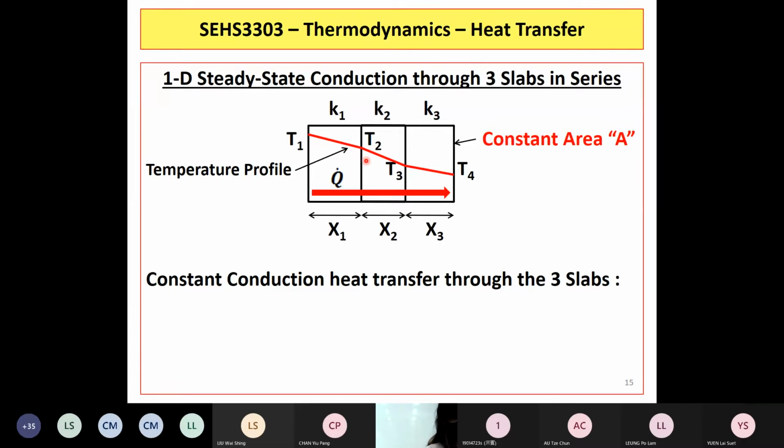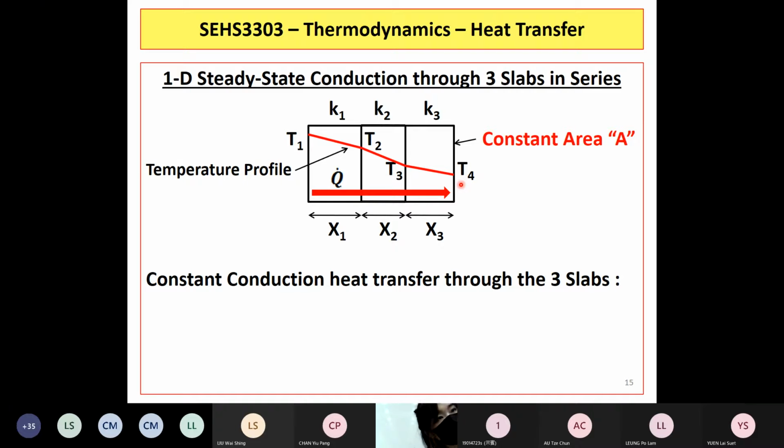So if we want to know the conduction through this composite, what should we do? Again, first you should have the basic understanding that the conduction heat transfer rate through these 3 different materials is the same, is constant.